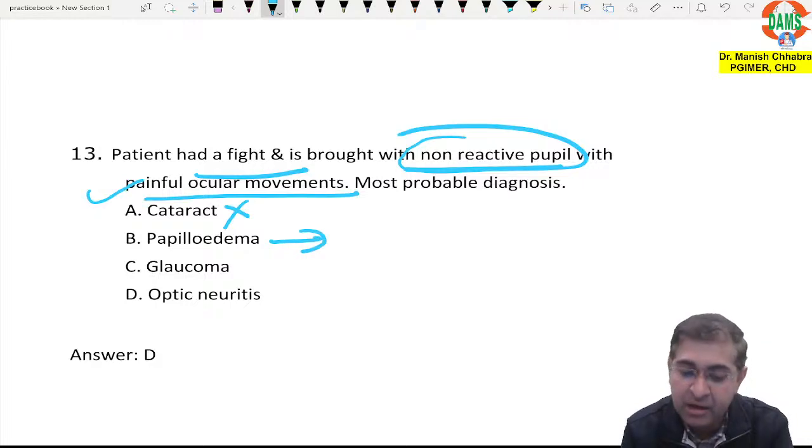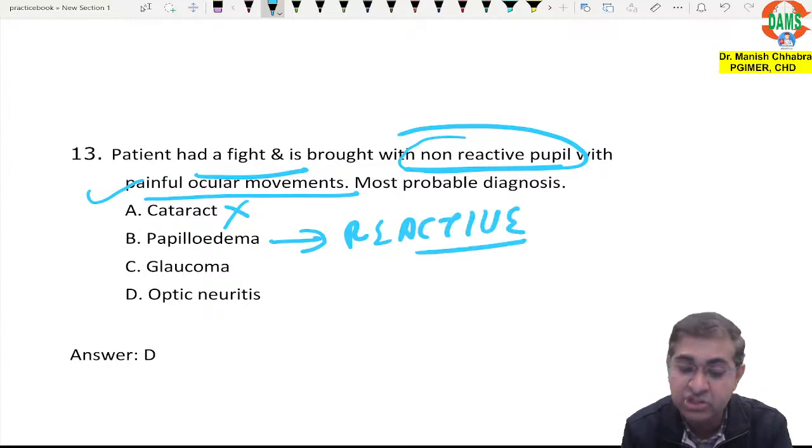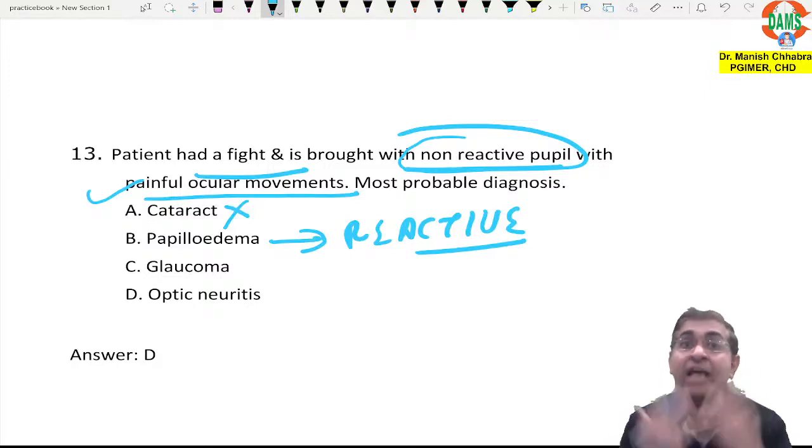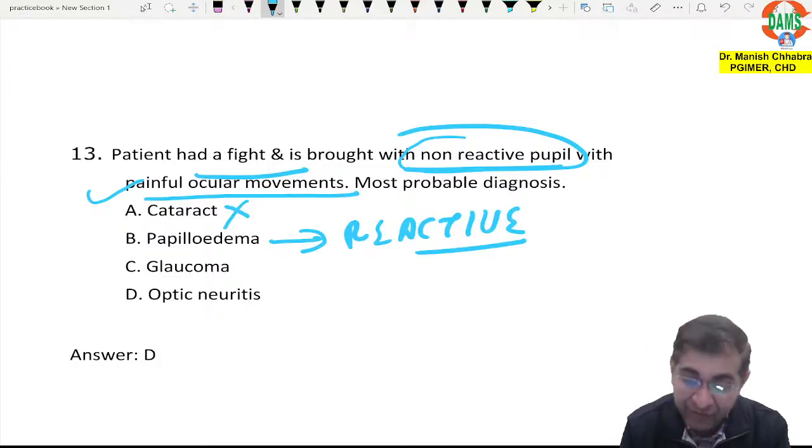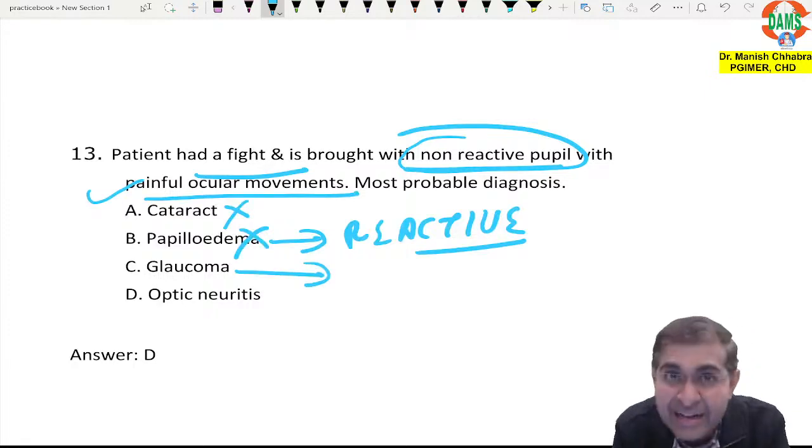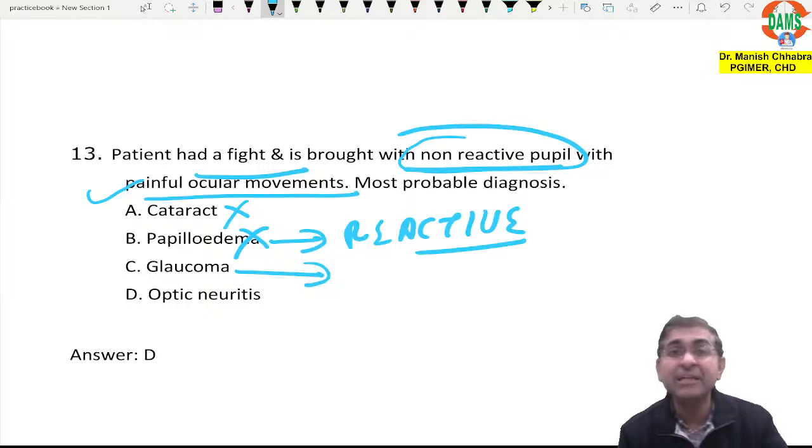In papilledema, what will happen? The pupil will be reactive or non-reactive? The pupil will be reactive in early stages, and the eye movements will not be painful. It is also eliminated. In glaucoma, of course, there will be pain, there will be loss of vision, but it will not be associated with ocular movements.